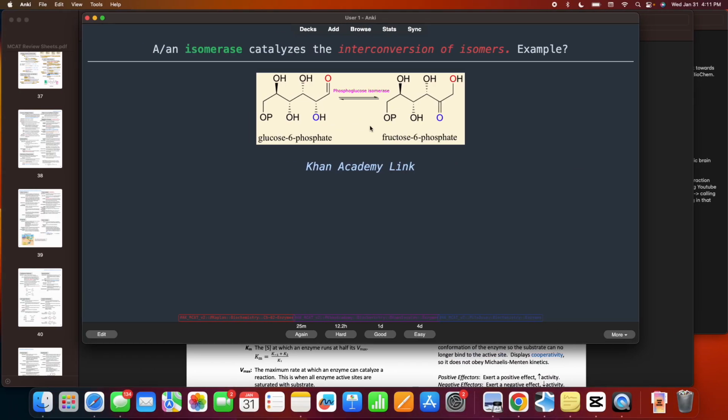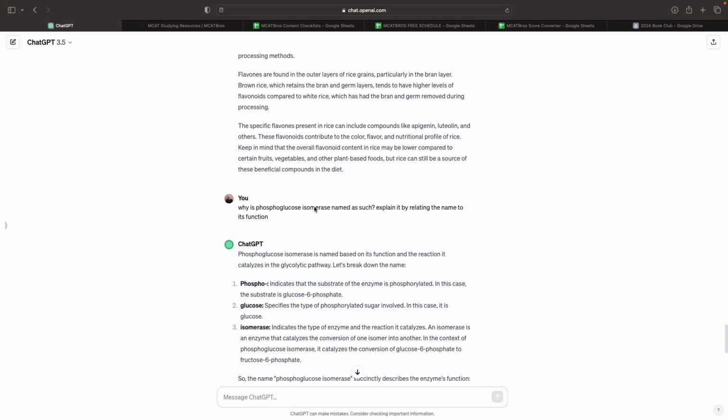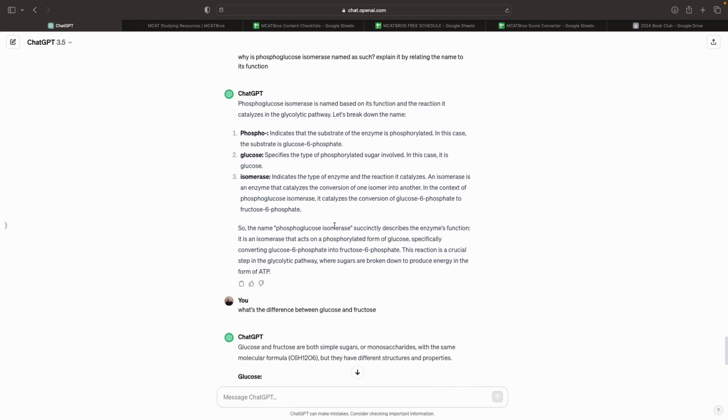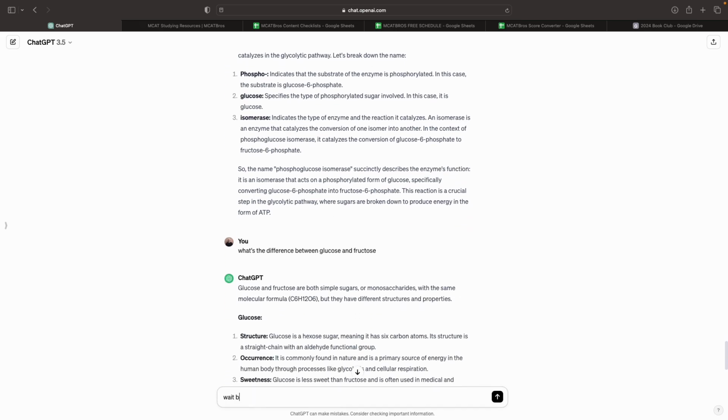So that's why you have a phosphate, which adds a phosphate, right? It's phosphorylated. Oh, it indicates that the substrate is phosphorylated. So G6P into F6P. Wait a second. G6P is not phosphorylated to turn into F6P, right?